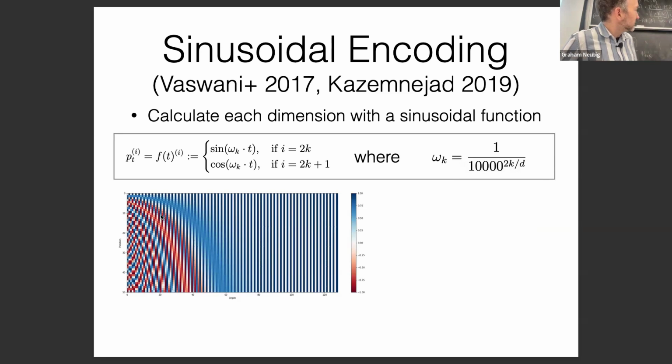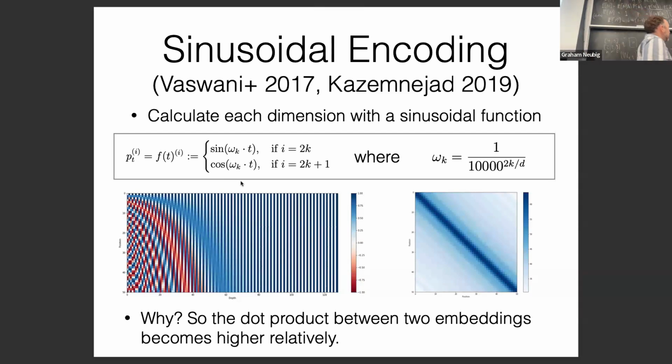This is just to give a little bit of an intuition about what this looks like. It means that at the lower values of k, the values change very quickly with your position, but at the larger values of k, they change very slowly with position.